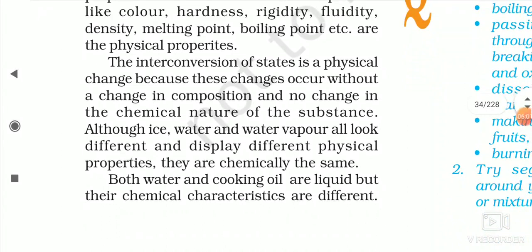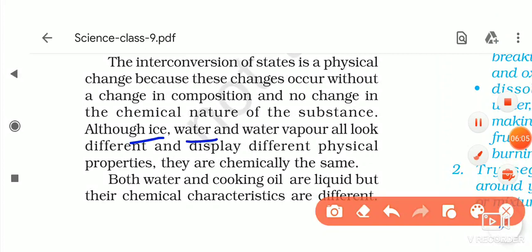Although ice, water, and water vapor all look different and display different physical properties, they are chemically the same. There is no change in the chemical property.